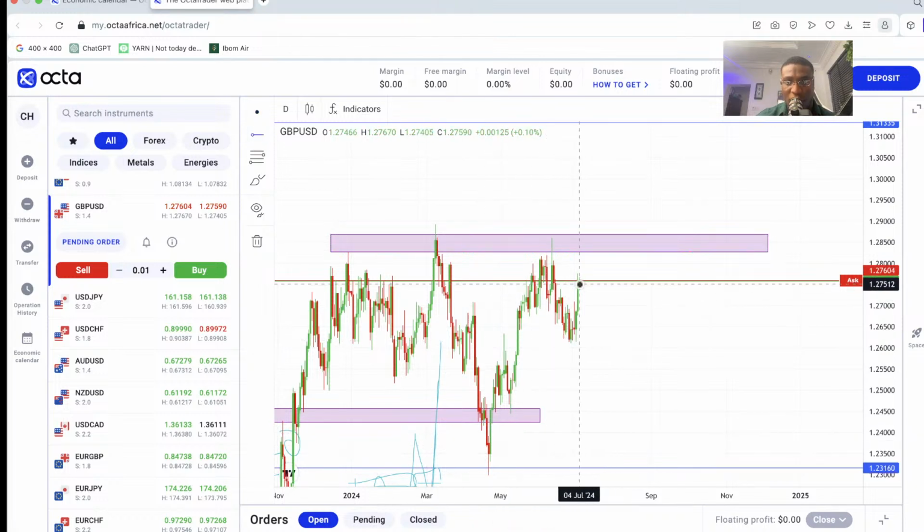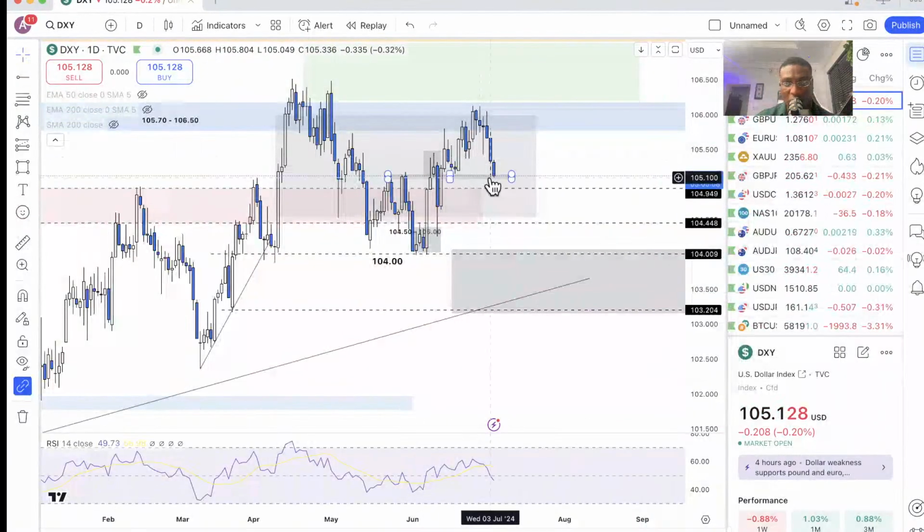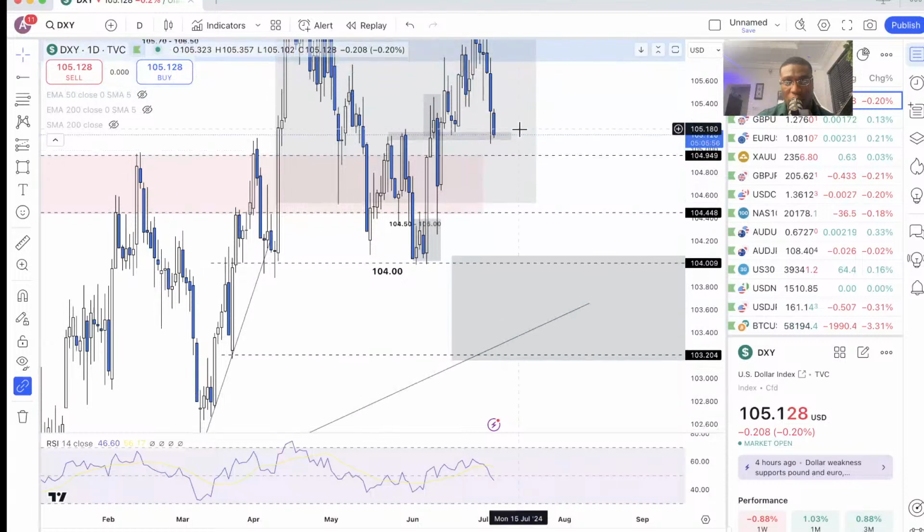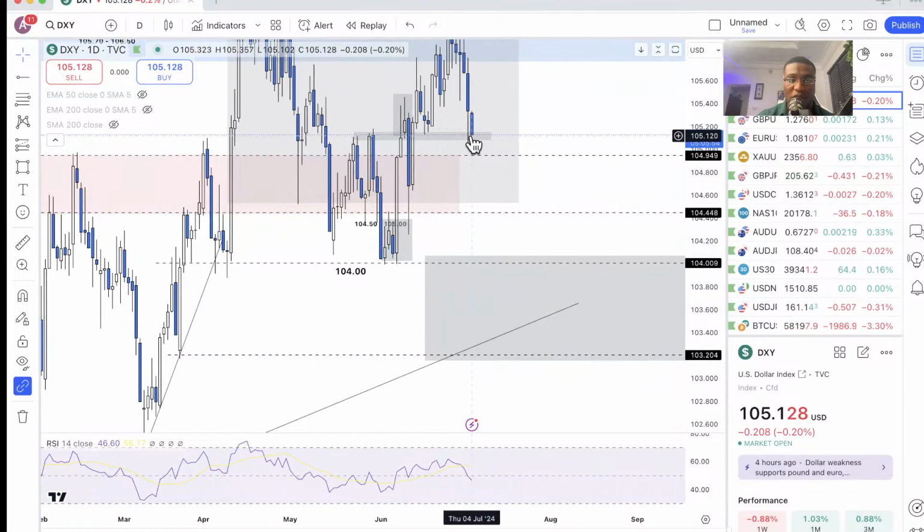But right now, we're still headed here, and looking at the dollar index markets, as I showed you guys, we're sitting at a key level. So it wouldn't really be ideal to just hop into a trade on GBPUSD when we haven't seen a continuous break to the downside, which will signify continuous weakness of the dollar.